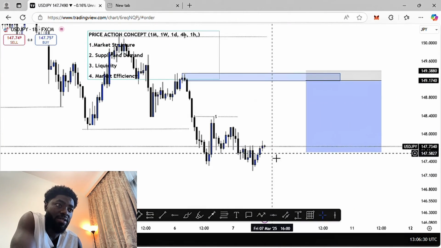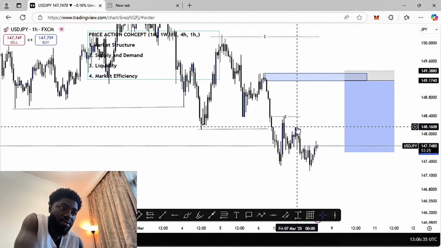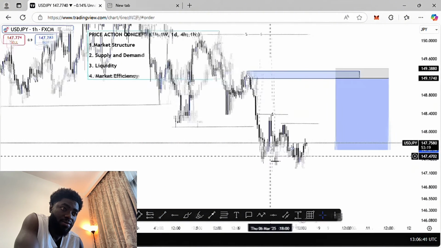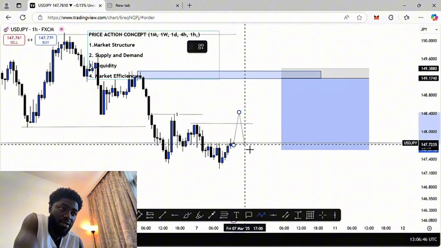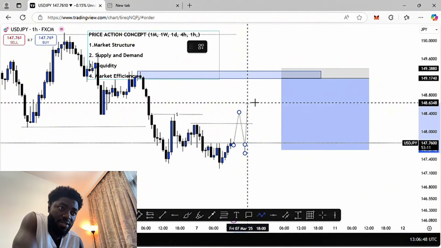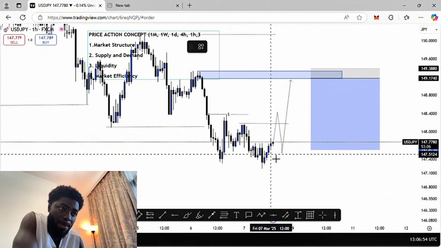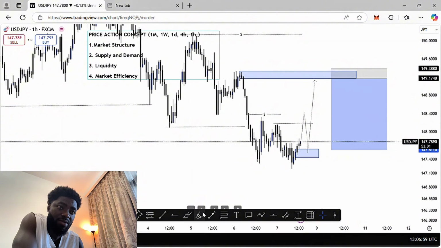But if I want to take this buy, I would want to see price break this high, then form something like this, break it here, and then come back and fill this inefficiency, and then I buy to the supply zone. As simple as that.